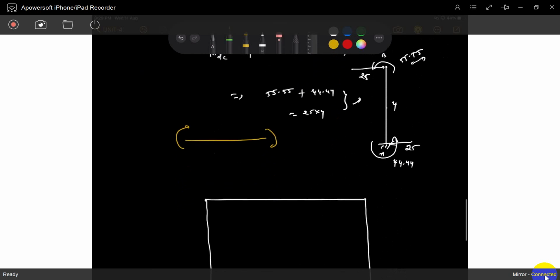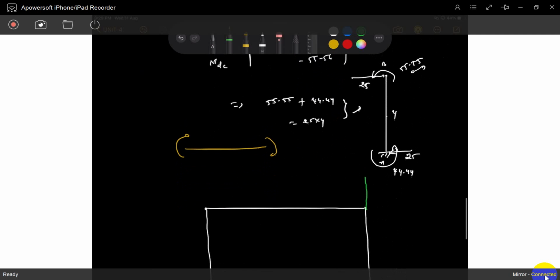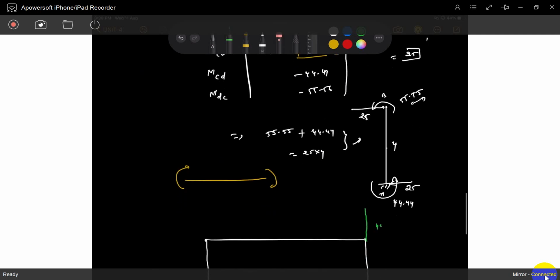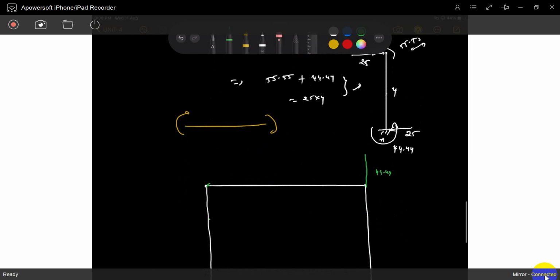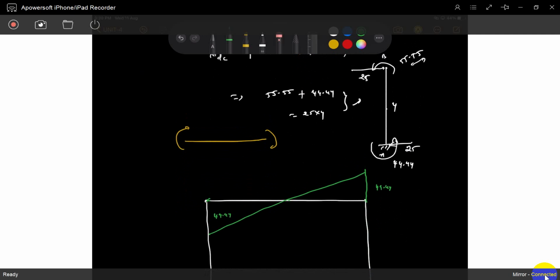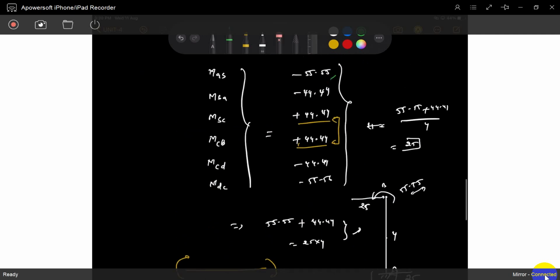So now you can write it. So this is sagging. Okay, that value is what? It's 44, but this is hogging 44. This is sagging. So it's exactly 44.44. So now shift to AB. See, what is AB? Both are negative.